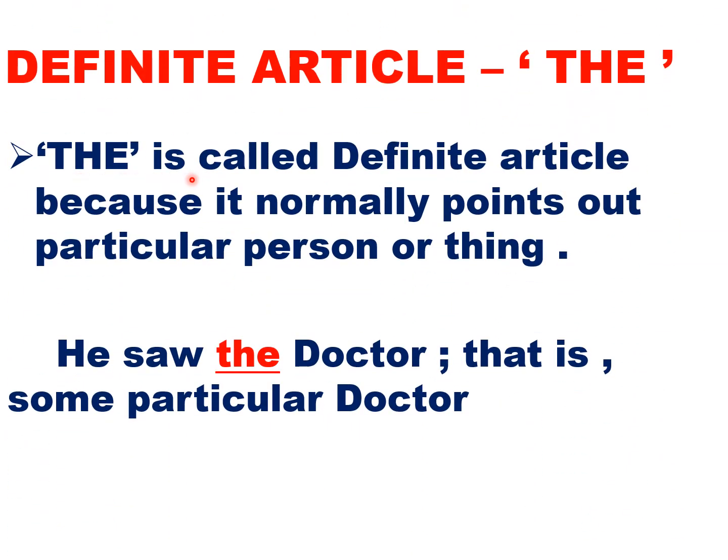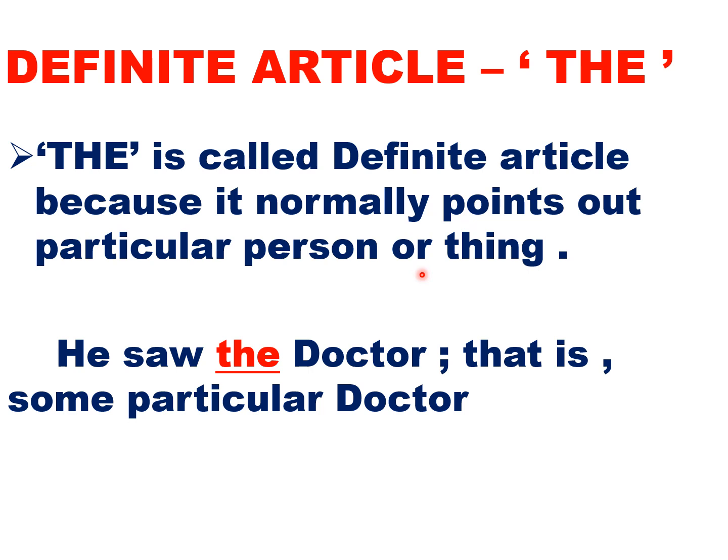The is called the definite article because it normally points out a particular person or thing. The indefinite articles a and an don't point out a particular person or thing.